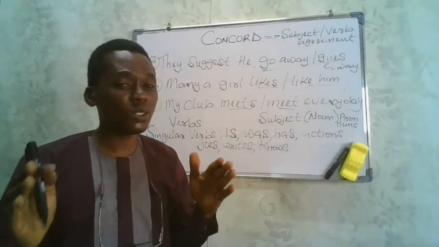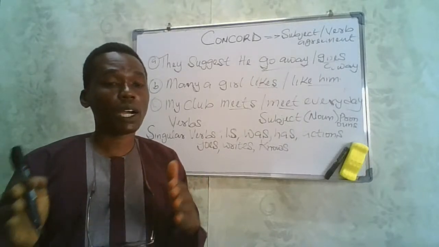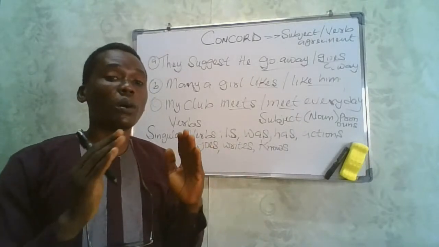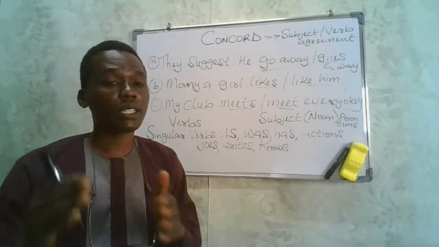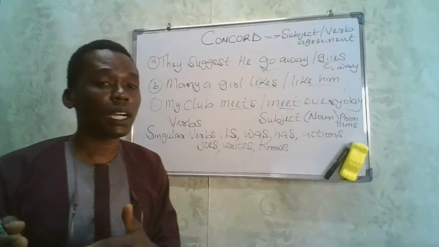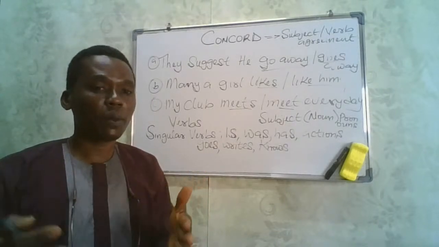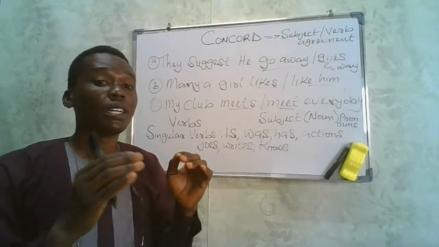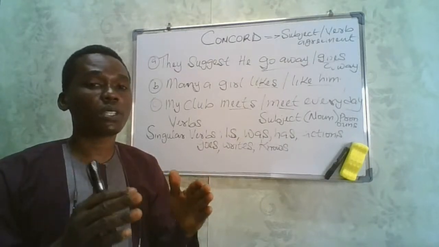Now, there are two things you should know about. There's a difference between a noun and a verb. Singular nouns have no s behind them, while plural nouns usually come with s, depending on the kind of noun. But in terms of verbs, it is different.